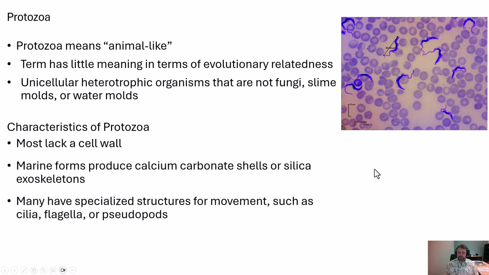So characteristics of protozoans: for the most part, they lack a cell wall, although there are some photosynthetic protozoans that have cell walls, or at least some organisms that are classified as protozoans that have cell walls. Marine protozoans will often have some type of exoskeleton, and normally that's made out of either calcium carbonate or silica.